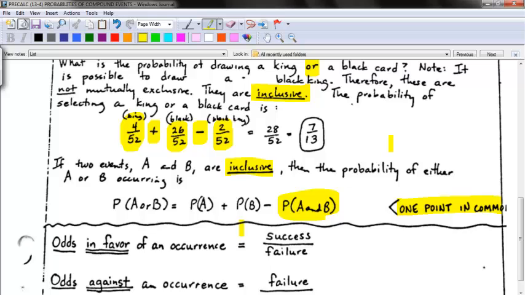So the main thing when you're reading these: before we were multiplying probabilities on some of those, now you look for the keyword "or." If it's mutually exclusive, you add the probabilities. If it's mutually inclusive, you add and then subtract the point in common. Okay? Good?